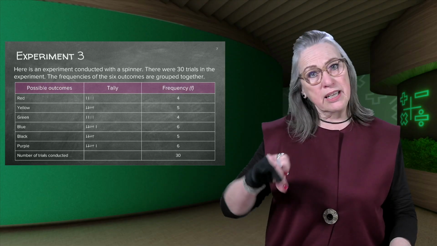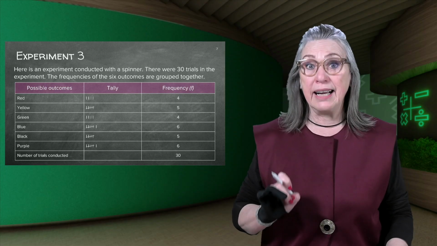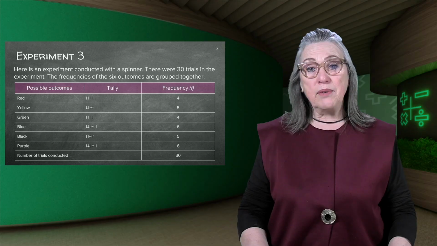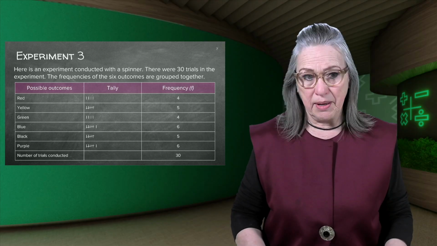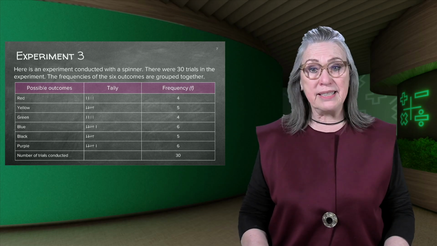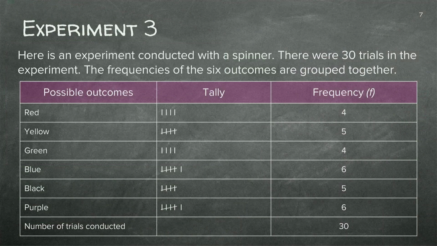Okay, the third experiment, we use the spinner. Now you know the spinner, you spin it and it lands on a color. Now in this trial, we did this experiment 30 times. And the frequency of the 6 outcomes are grouped together. So again, with a spinner, you can either have a red, a yellow, green, blue, black, or purple. So we've got the tallies there for you.